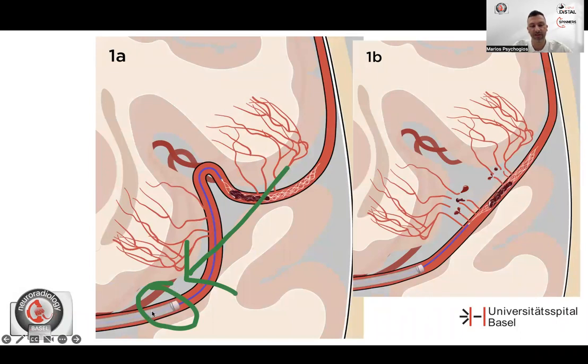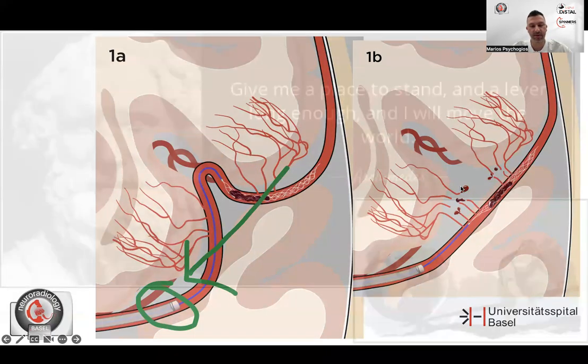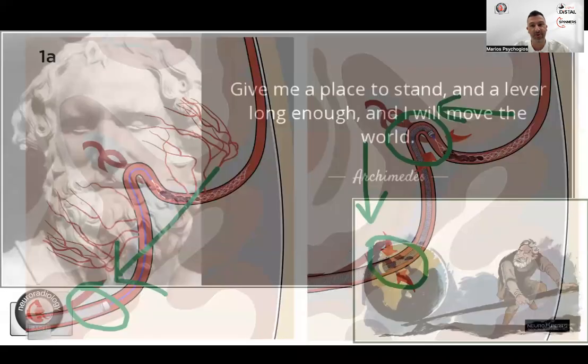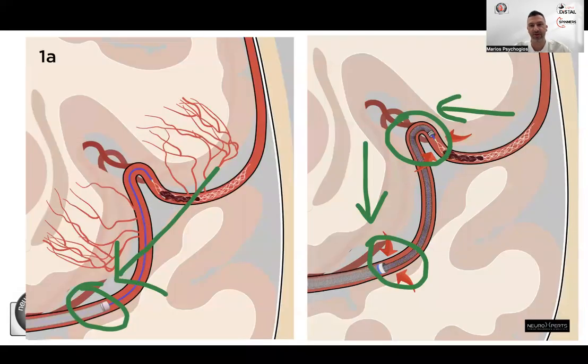So again, the problem if you have a stable point here and then you pull all the way from the M3 is that you're doing what Archimedes described: you have a stable position, a fulcrum, and a lever long enough, and then you can actually move the world. And we don't want to move the whole vasculature there. We just want to move the clots.